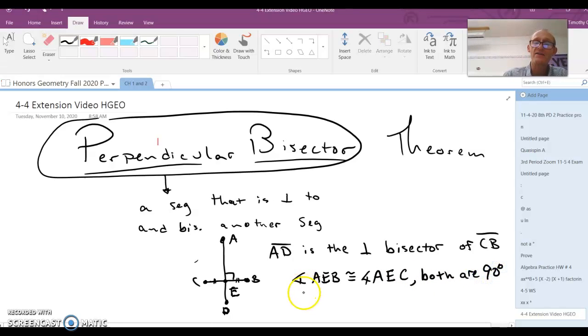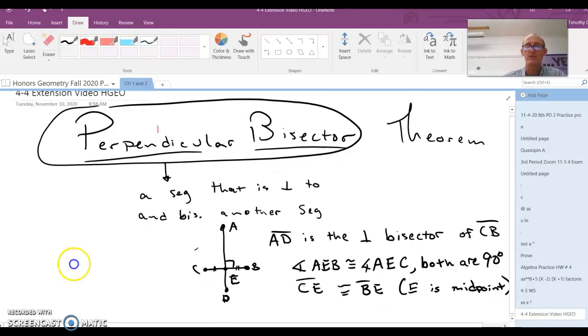Okay? And CE is congruent to BE. So we bisect. So we have a midpoint. E is the midpoint. Now that's just what a perpendicular bisector is.